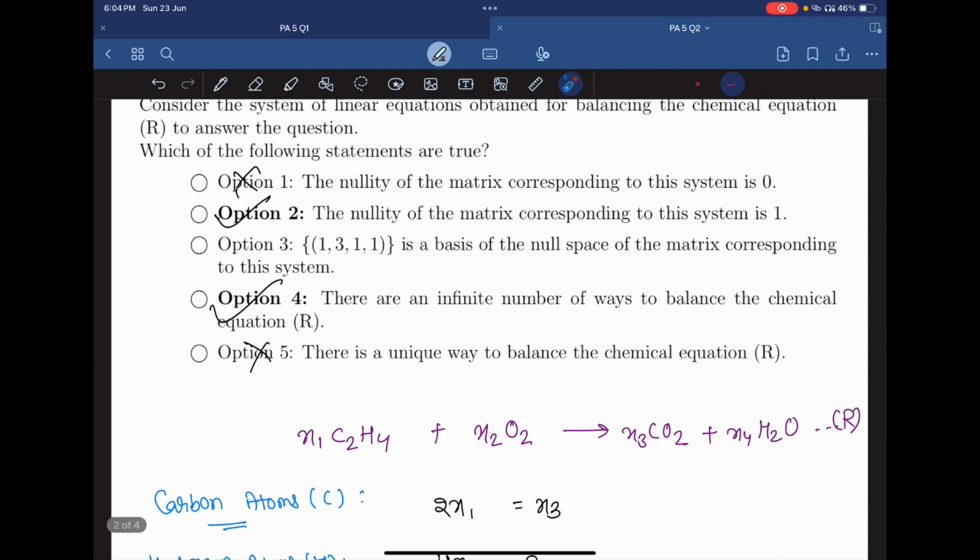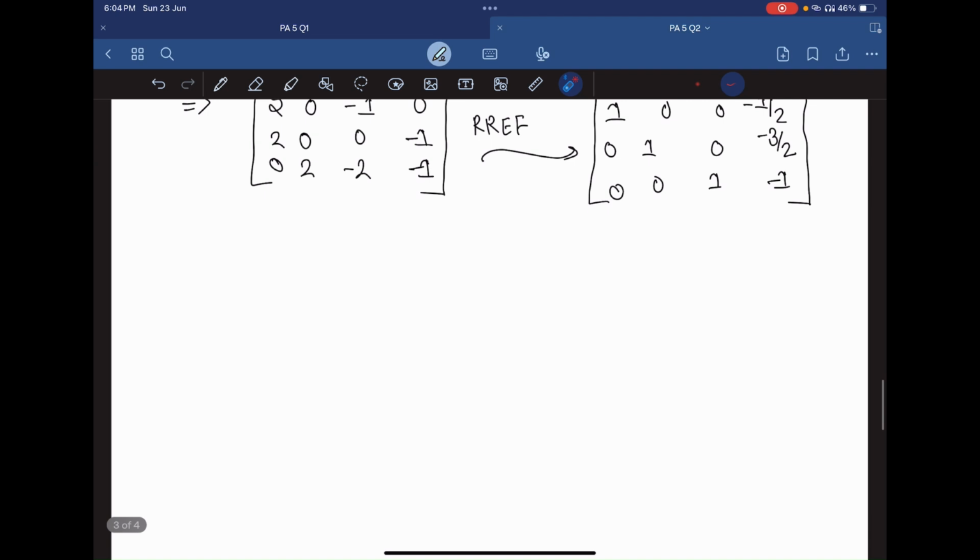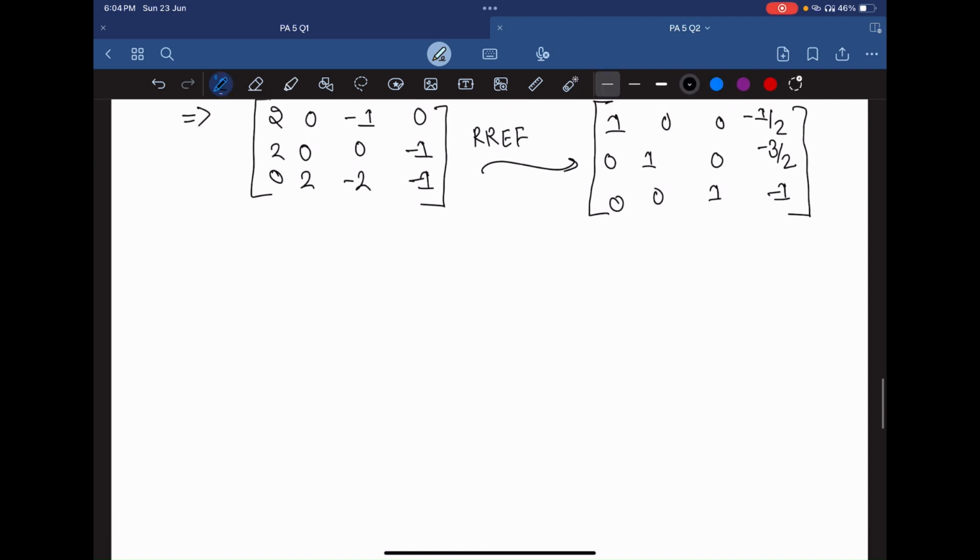Now, left with option 3, we check whether this vector is a basis for null space or not. So there are two ways from which we can check.